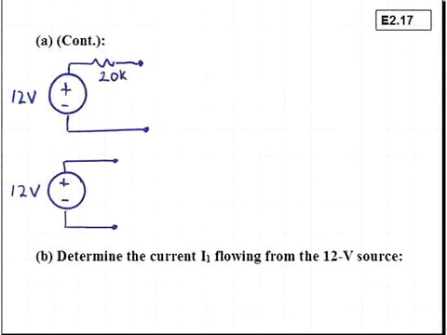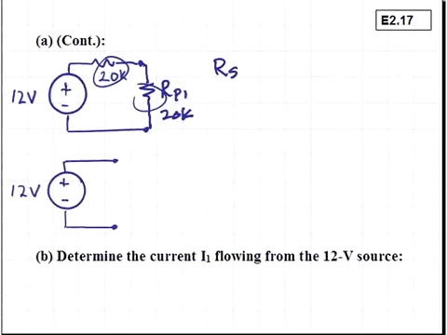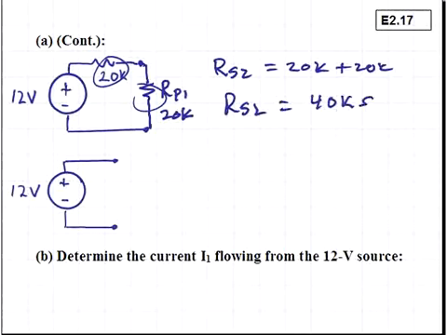In the next stage of the reduction, we'll place that RP1 in the circuit. And now we see that we have two resistors in series, of equal value 20K, so RS2 is equal to 20K plus 20K, or RS2 is equal to 40K.